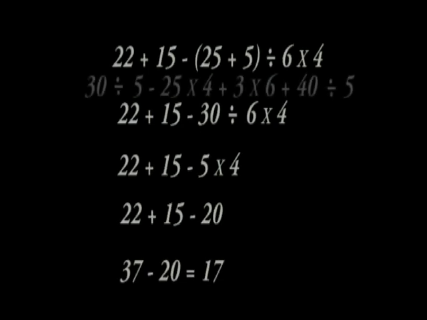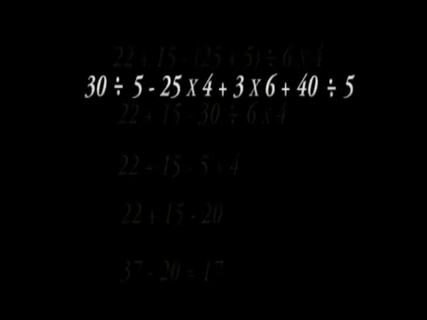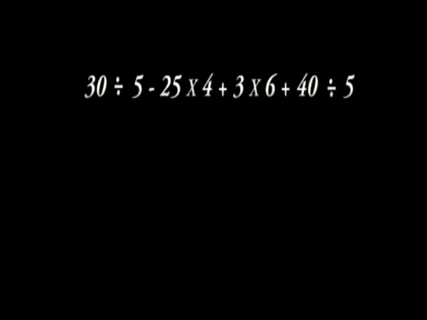Another example, 30 divided by 5 minus 25 times 4 plus 3 times 6 plus 40 divided by 5. Using BODMAS, we have 6 minus 25 times 4 plus 3 times 6 plus 8.